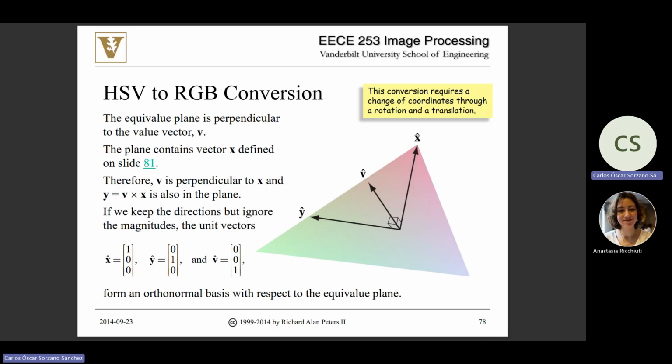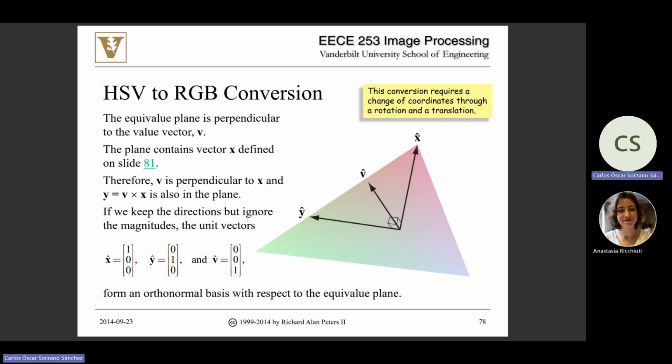So v in your coordinate system is (0, 0, 1). Then you have x, the vector that goes from the gray to the red. In your coordinate system, x is (1, 0, 0).